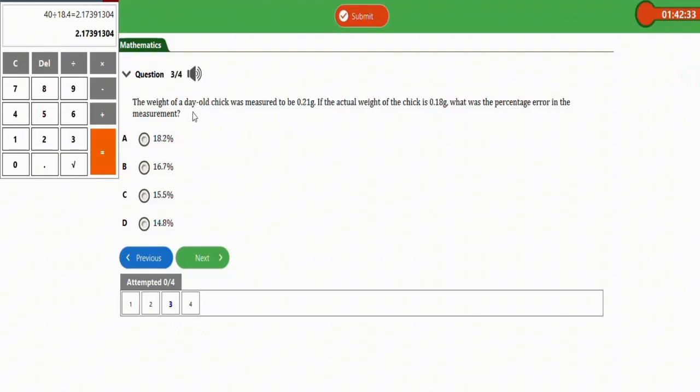So it says a weight of a day-old chick was measured to be 0.21 gram. If the actual weight of the chick is 0.18 gram, what was the percentage error in the measurement? So guys, as usual, percentage error is error over actual times 100 over 1. Actual is the actual value or measurement. So the error in this question will be 0.21 minus 0.18. So let's punch it in a calculator to get a precise or accurate value.